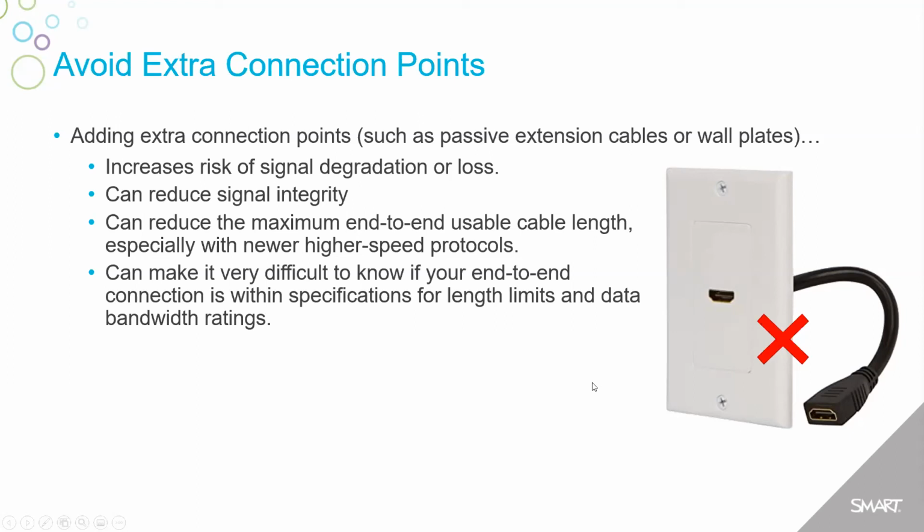It can reduce signal integrity, which can reduce the maximum end-to-end usable cable length, which is kind of the opposite of what people want when they're using wall plates. They want to extend the connections. Unfortunately, the reality is that using these kinds of wall plates can actually reduce the maximum usable cable length.